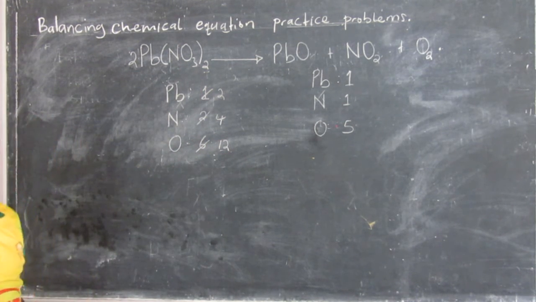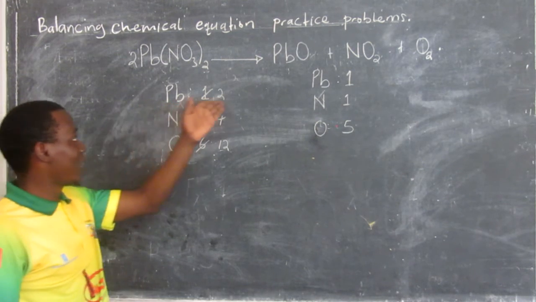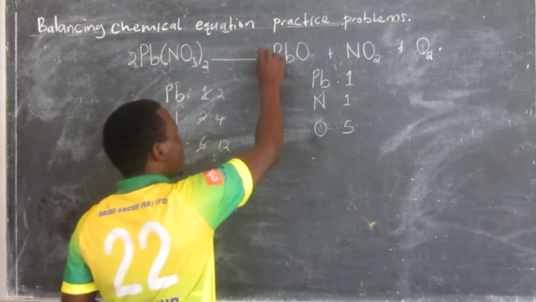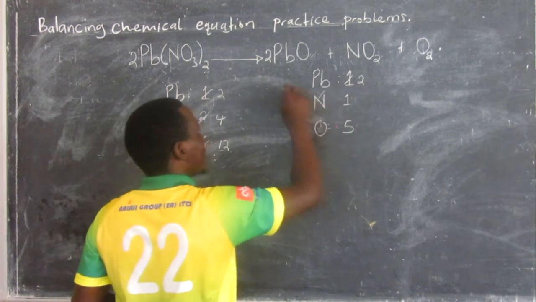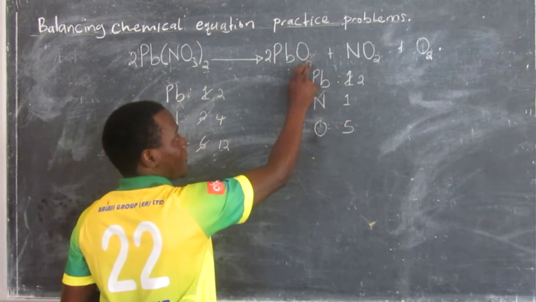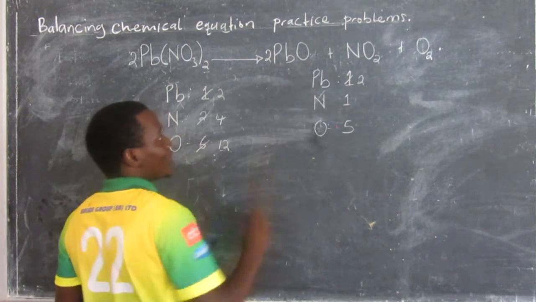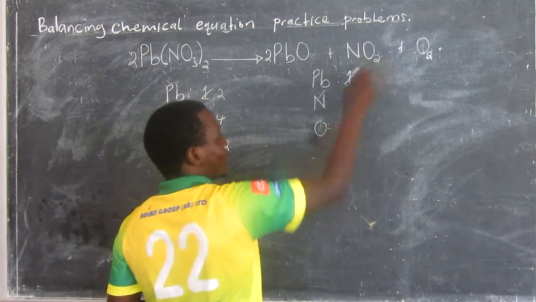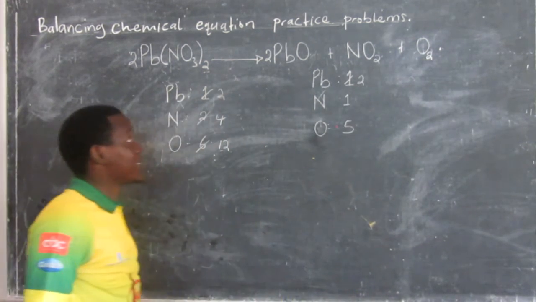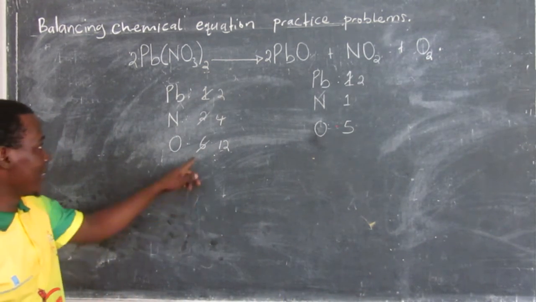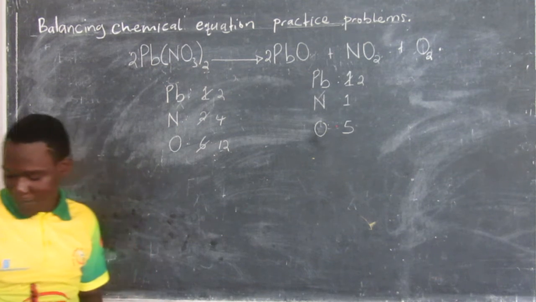My equation has totally changed because we have to have 2 leads here, meaning that I should put a 2 in front here. 2 times 1 to give me 2. 2 times 1, I get 2, plus 2 there, that's 4, plus 2 there, that's 6. Meaning that I have 6 oxygens, whereas I have 12 oxygens. It does not balance.